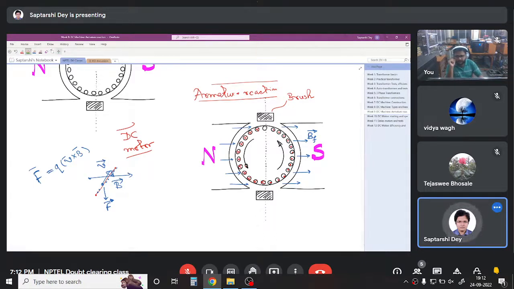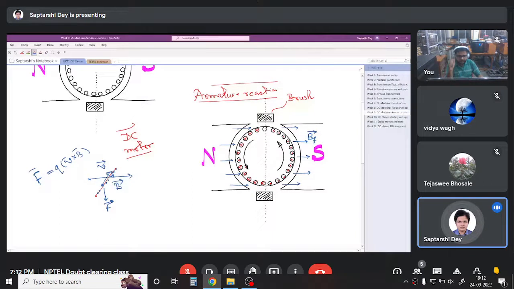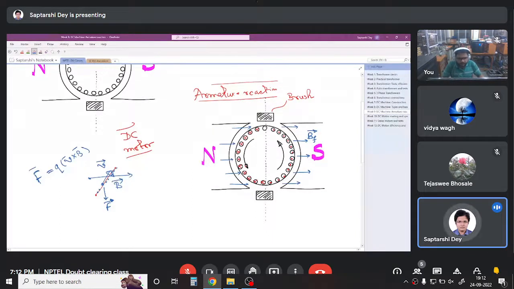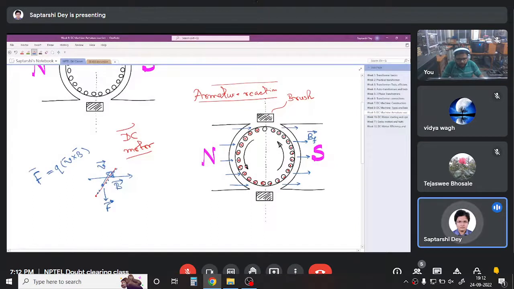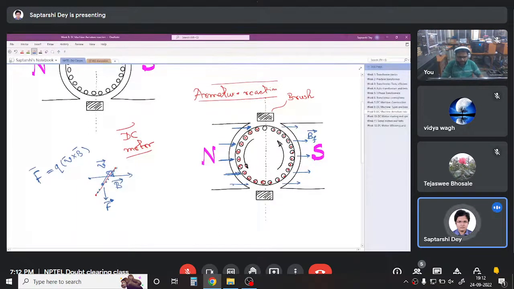So what will be the direction of the armature field? We will look piecewise, for every conductor. So this is the main field, the main magnetic field, in this direction.